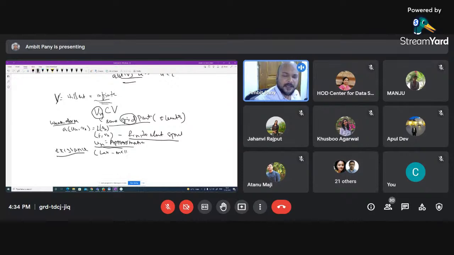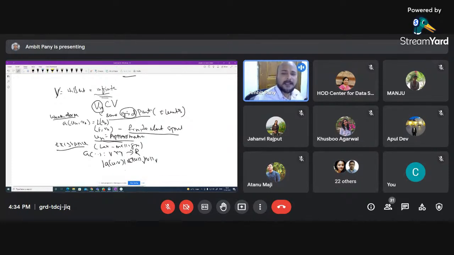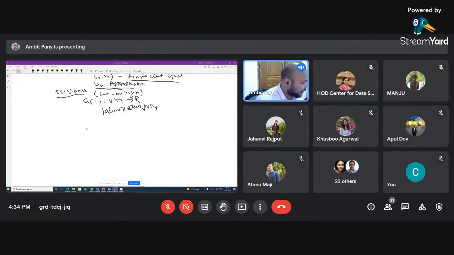For this existence, Lax and Milgram justify that if I have this bilinear form, mapping from V cross V to R, and if A(U,V) is bounded, that means it is bounded by the norm of U in the space V and the norm of V in the space V with some constant C. This is called the bounded condition.